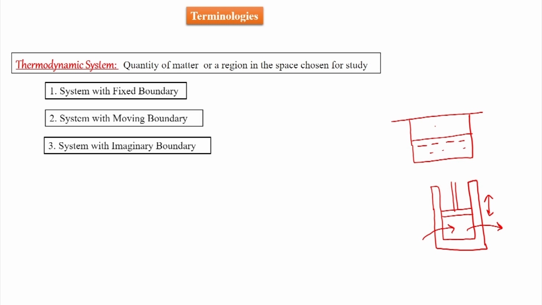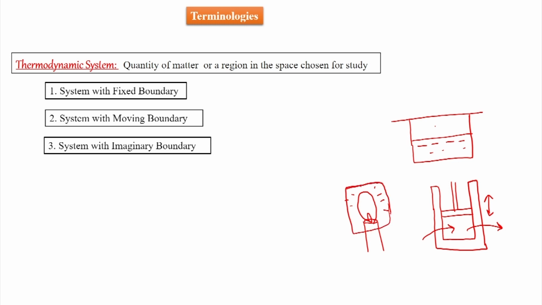We might encounter a situation where we have a system and we have to define boundaries for the system. As an example, we can take a candle, where we have the flame of the candle and we define this region as our system.